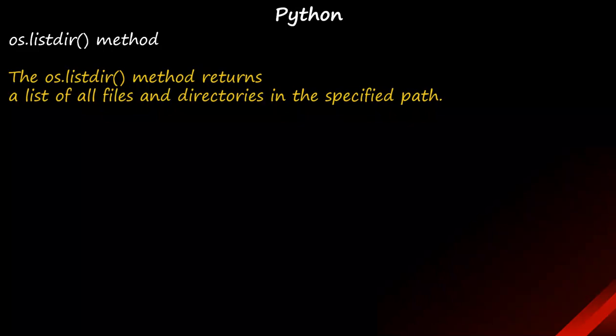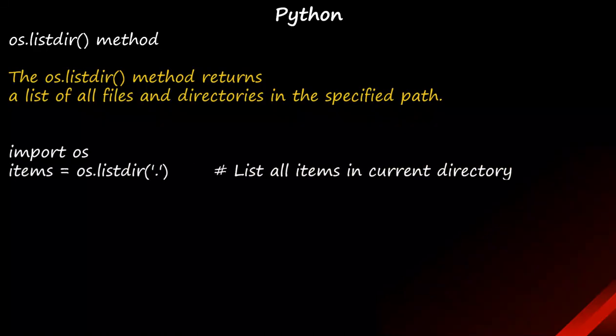The os.listdir method returns the list of files and directories present in a specified path. If you specify a path with that directory, it will return how many files are present in that path. So how do we do this? Import the OS module first, and then os.listdir.